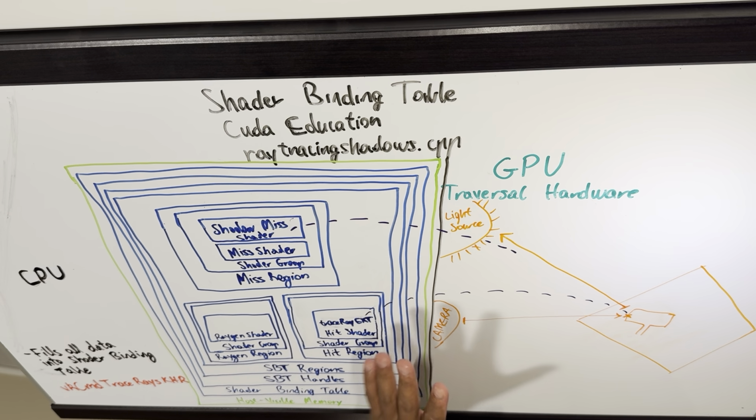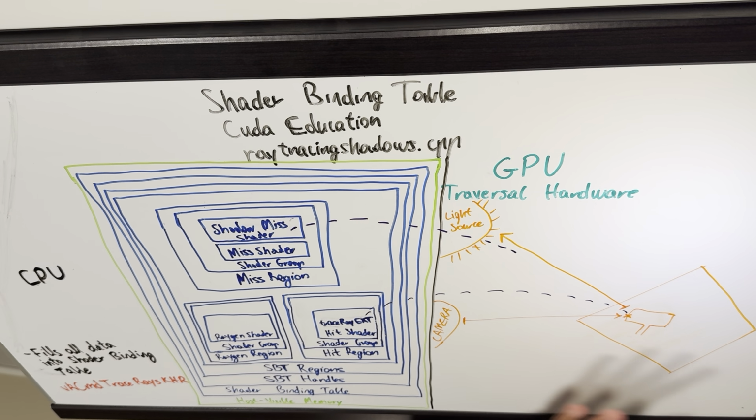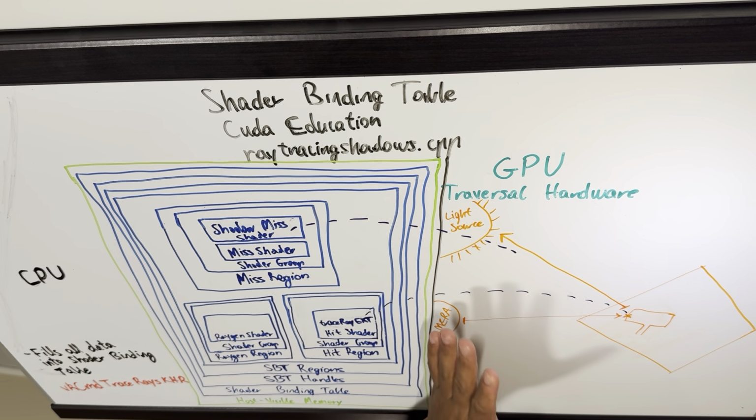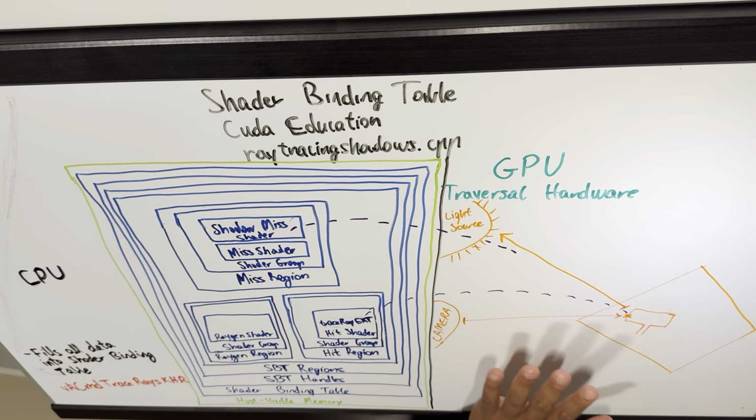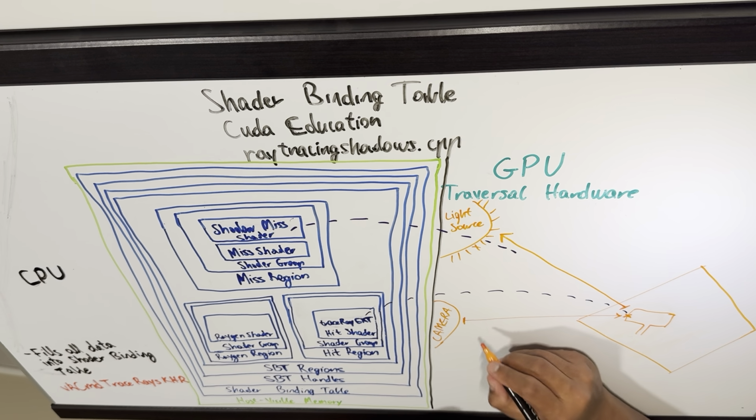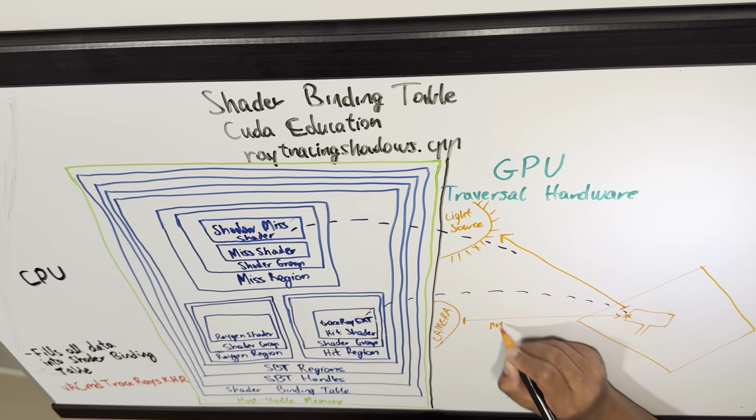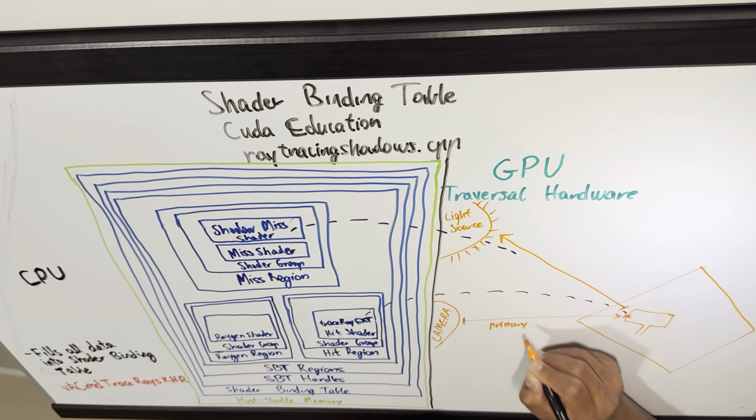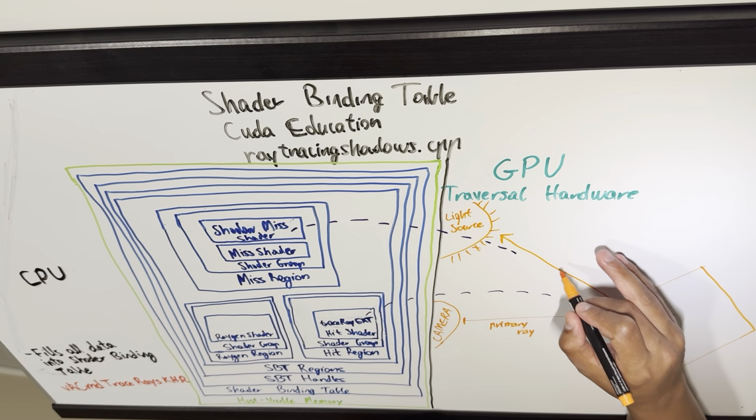Now, if you don't know, by default, the application starts out assuming that everything is shadowed. So we do these light tests. This is a primary ray, and this is a shadow ray.